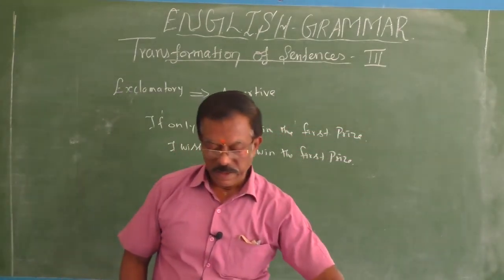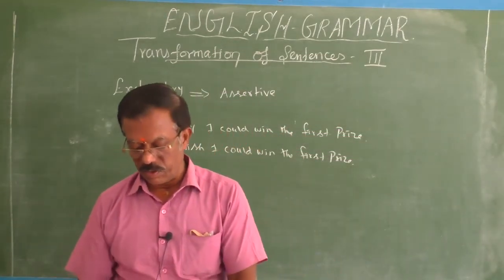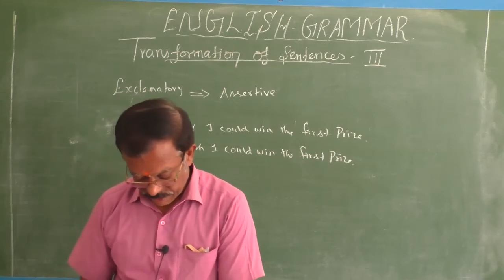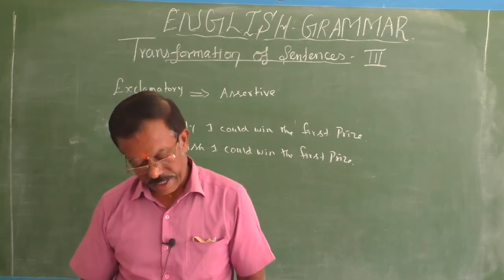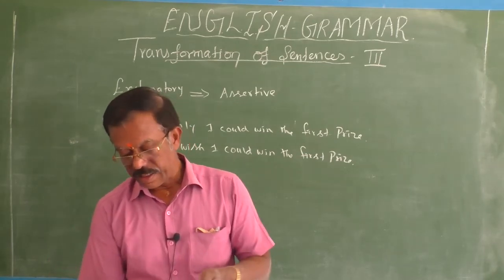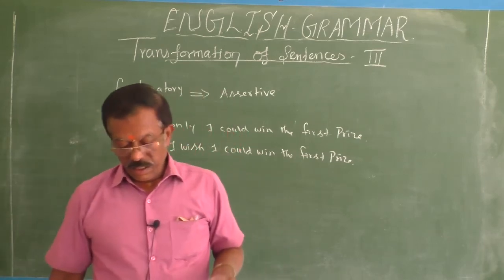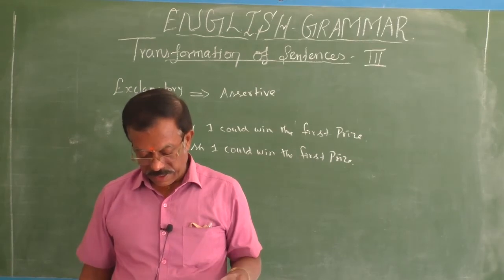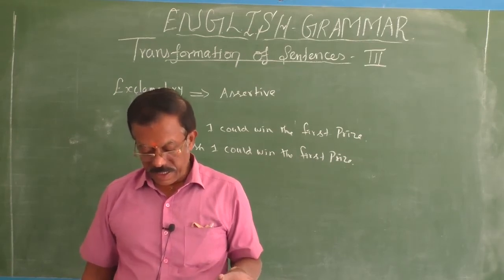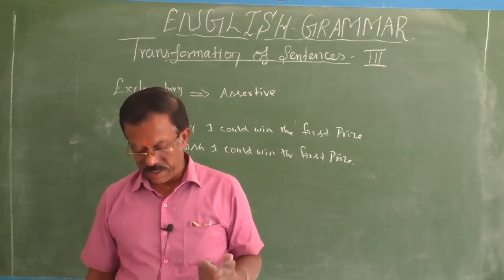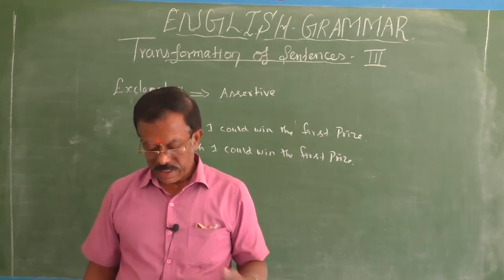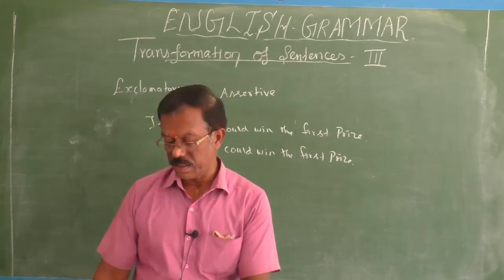For that also I would like to give you one more example. Sometimes you may have this type of sentences: She sings. Assertive to exclamatory. I will give you some more examples.